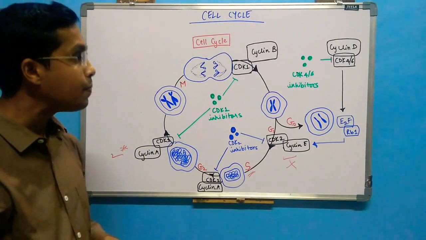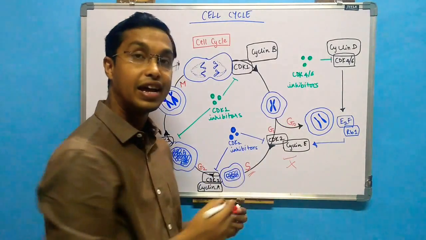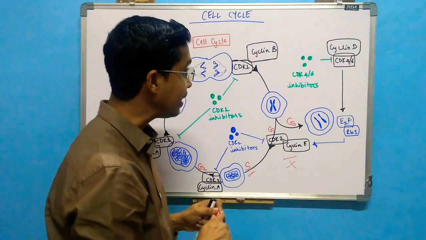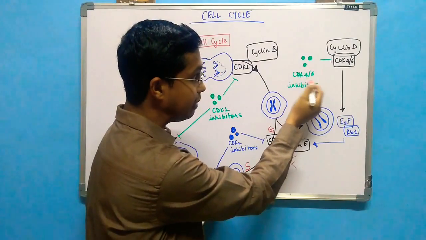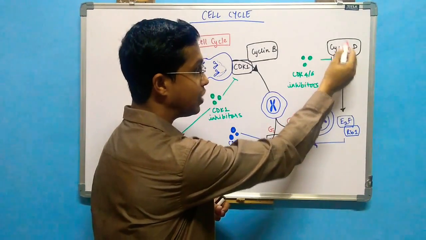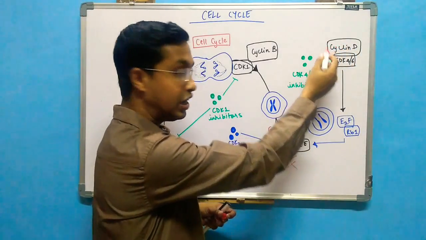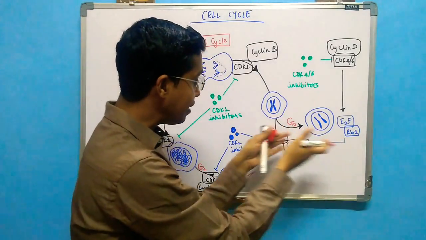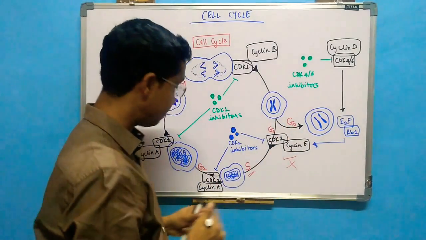Now remember that there are inhibitors. Okay, if the cell cycle is not proper, if the division is not proper, then the inhibitors of CDK4 and 6 will go and bind to CDK4/6 so that phosphorylation will not occur over here, and in turn the phosphorylation of E2F will not occur and this phase will not go ahead.